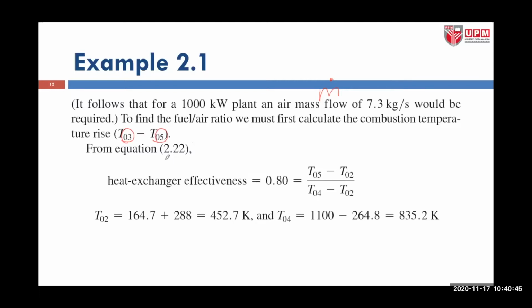From equation 2.22, the heat exchanger effectiveness, given already as 0.80, equals TO5 minus TO2 over TO4 minus TO2, where we already know TO2 to be 452.7 Kelvin and TO4 is 835.2 Kelvin.